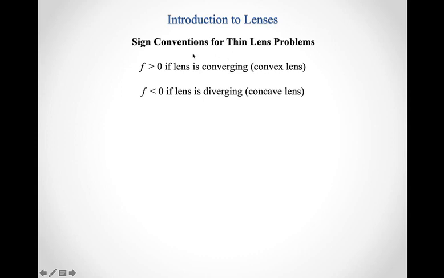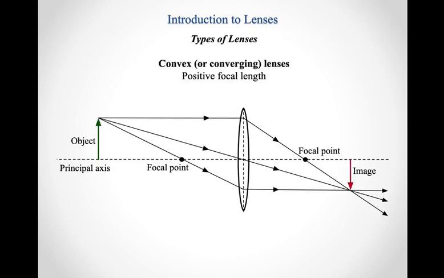So the first sign convention that we're going to deal with, and there will be a series of these where we're going to have to keep track of the signs for these various distances and lengths that we're going to measure. Our first sign convention says that the sign of the focal length will tell us what type of lens we have. So our initial picture was just looking at our two types of lenses and letting light come in from infinitely far away.